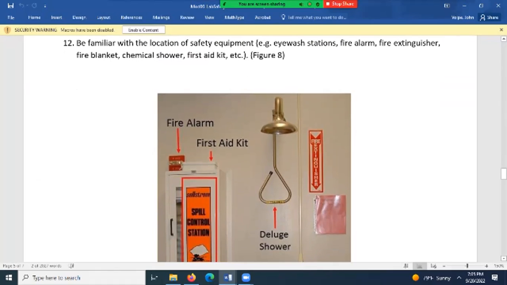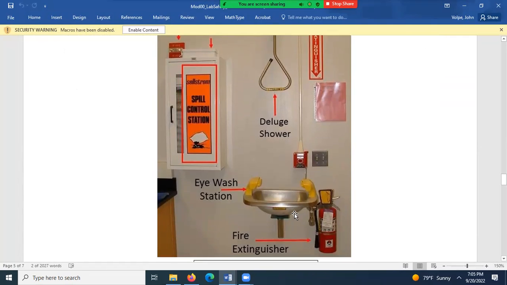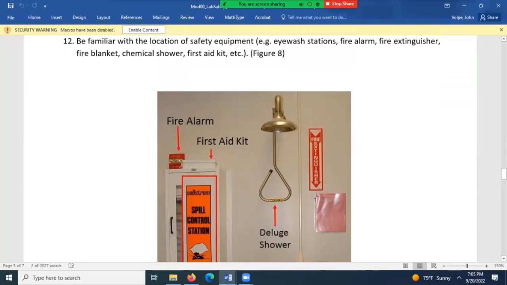So you should know some of the lab safety equipment, such as an eye wash station, shown here. If you get something in your eyes, you come to the eye wash station to wash it out. If you get something on your body and you want to wash it off, you come into the deluge shower.